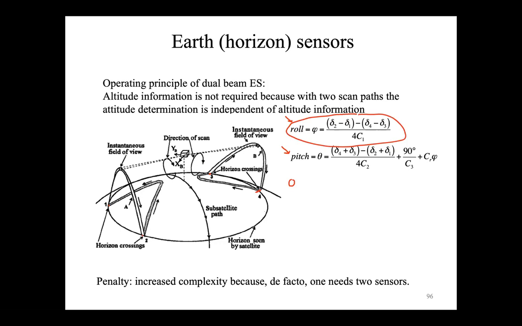So by using a dual scan sensor or 2 different Earth sensors, you have 3 different measurements that are enough to determine the attitude of the spacecraft for the roll and pitch axis.